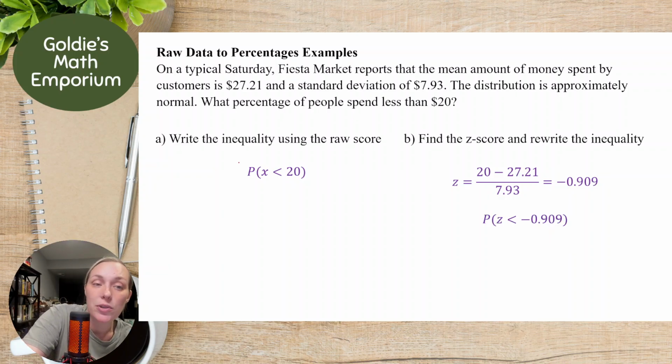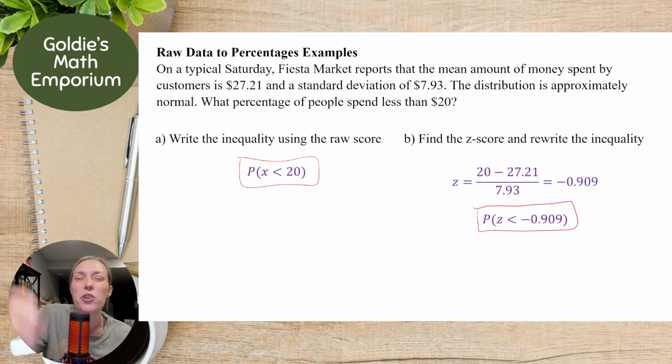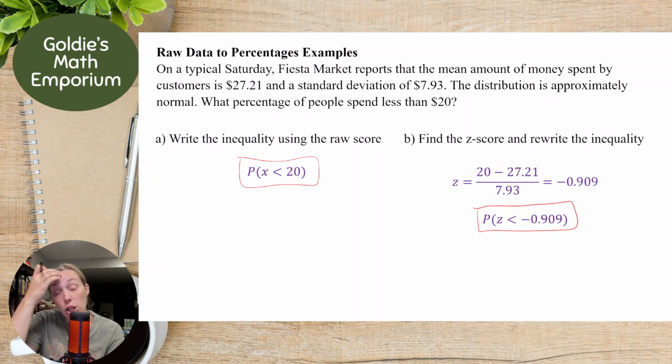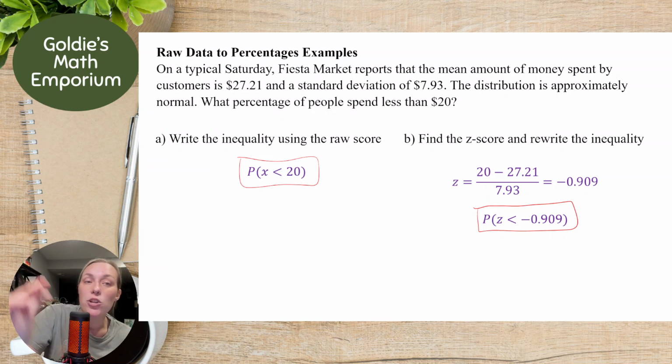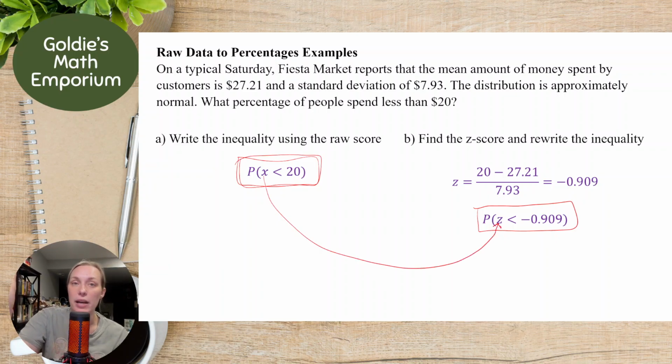Now I want you to note that the differences between these two inequalities are important for your understanding, because they look very similar and they're tied together. We want to know the percent of people spending less than 20. So this was the original data. What we did is we converted from X to Z. We just did a conversion. We standardized.